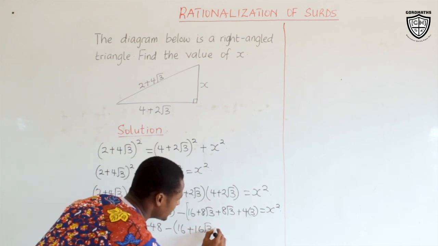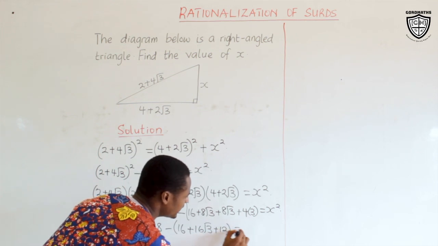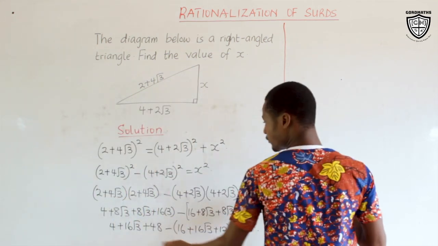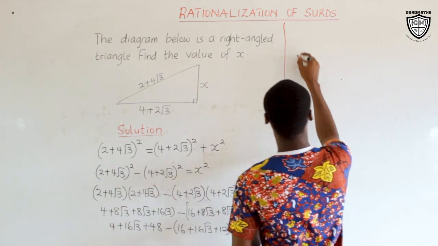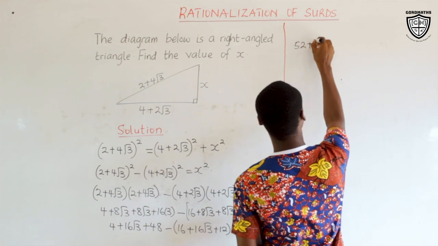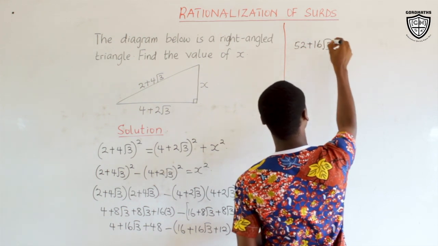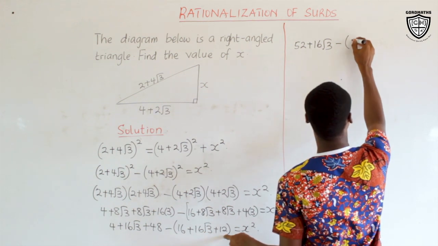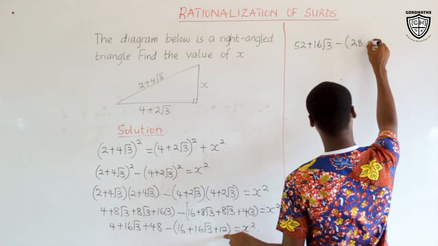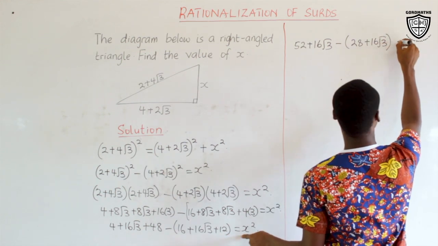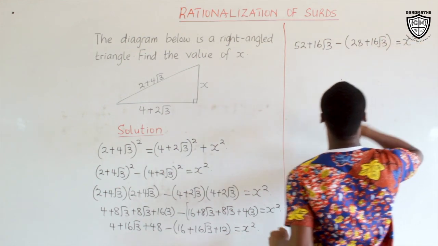Then 4 times 3 is 12, and that is equal to x squared. So we put this together to have 52 plus 16 root 3 minus, here 16 plus 12, we have 28 plus 16 root 3, and that is equal to x squared.